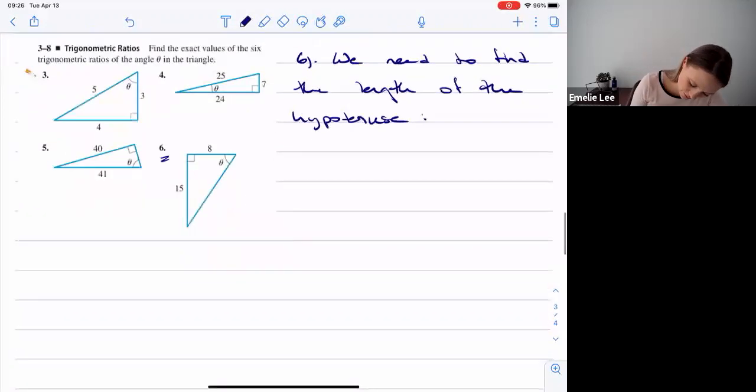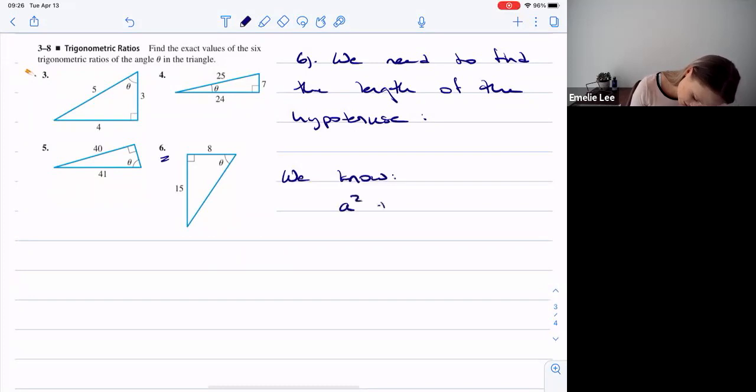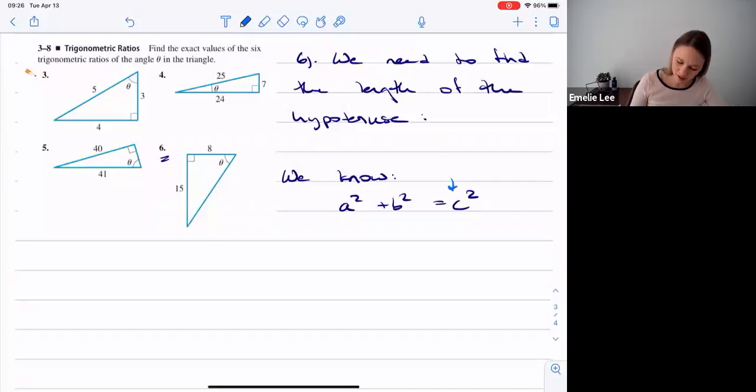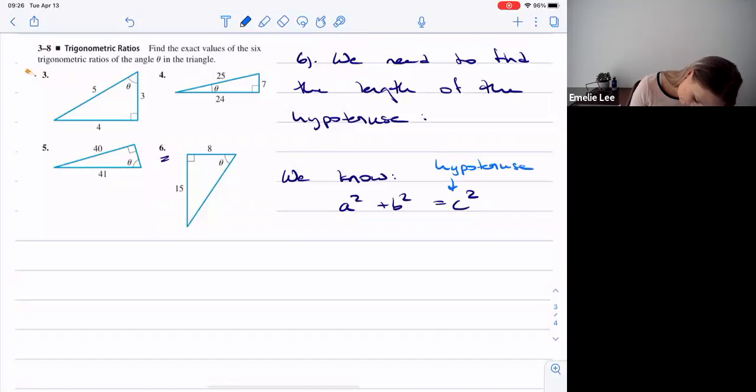We know that a squared plus b squared equals c squared, where c is always the length of the hypotenuse. A and b could be either the adjacent and the opposite, or the opposite and the adjacent.